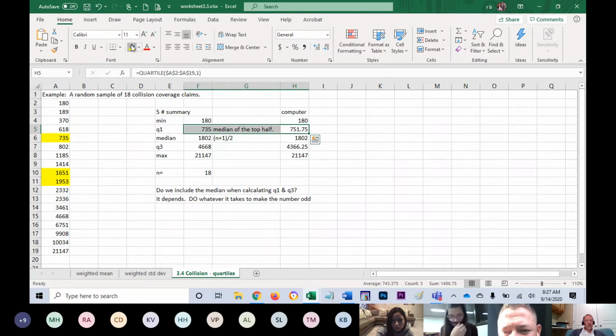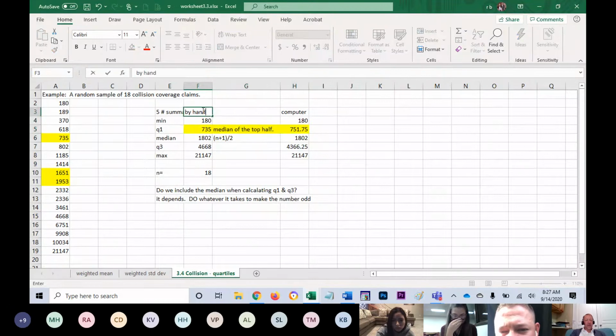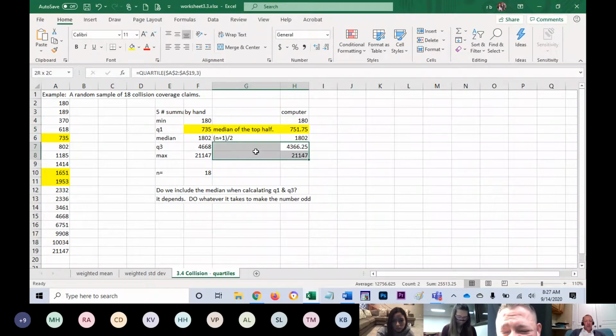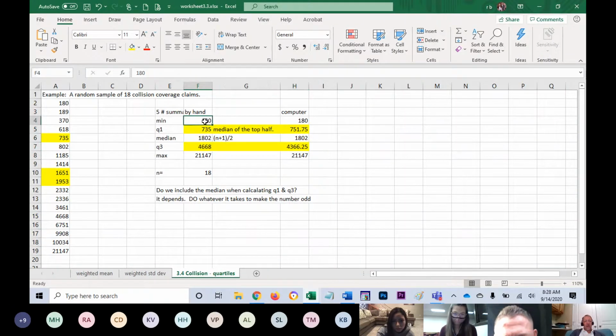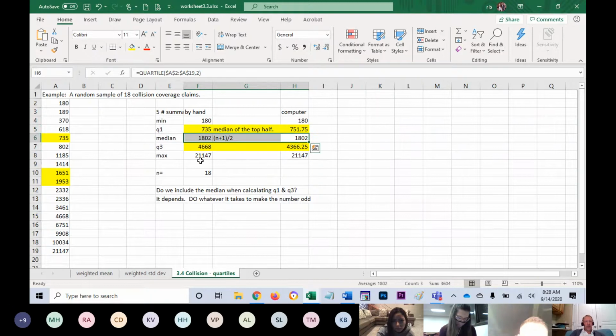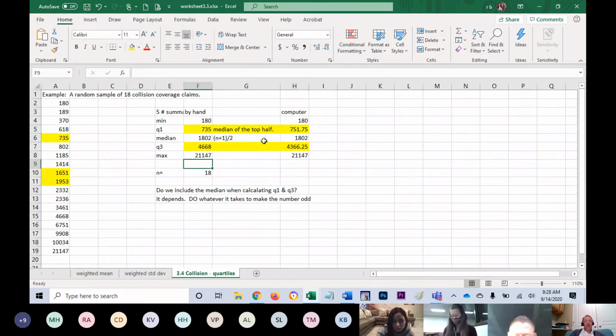The only reason I'm showing you this is right here. You'll notice these numbers are different. This is the by-hand method, the method I'm going to test you on. You'll also notice this one is different. The other three numbers should be identical because they use the exact same methods. I'm showing you this just to show there are other ways to find the quartiles. The by-hand method is the one I want you to use.